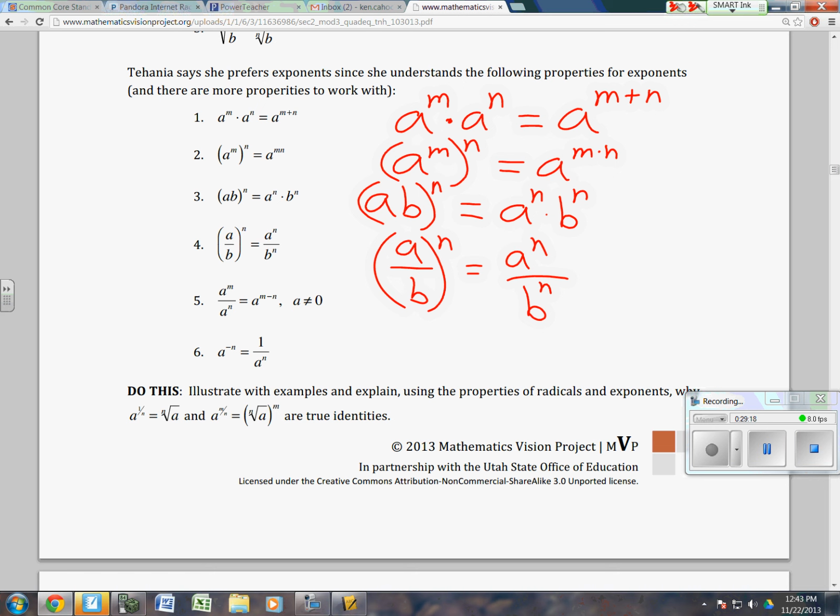Got that rule? Now you're going to use these rules a lot in the next couple weeks. So you've got to get them down. Okay, the next one. A to the m over a to the n equals a to the, we already know this one, m minus n, right? A to the m minus n power. So when you're dividing, you can subtract the exponents.